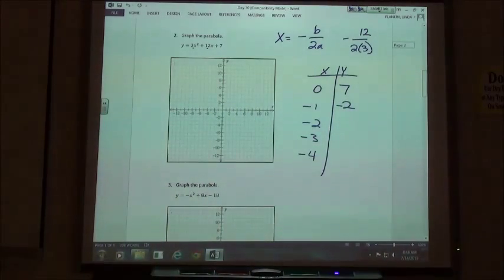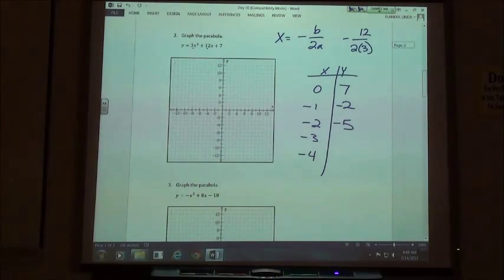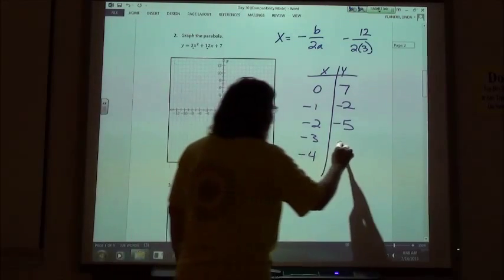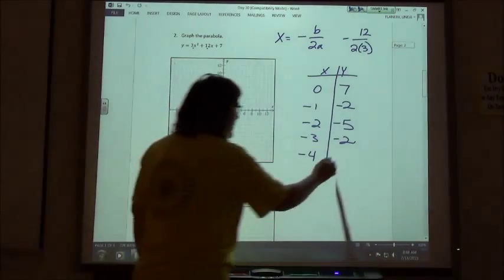If we put our negative 2 in there, negative 5. If we put our negative 3 in, we should get negative 2, and if we put our negative 4 in, 7.